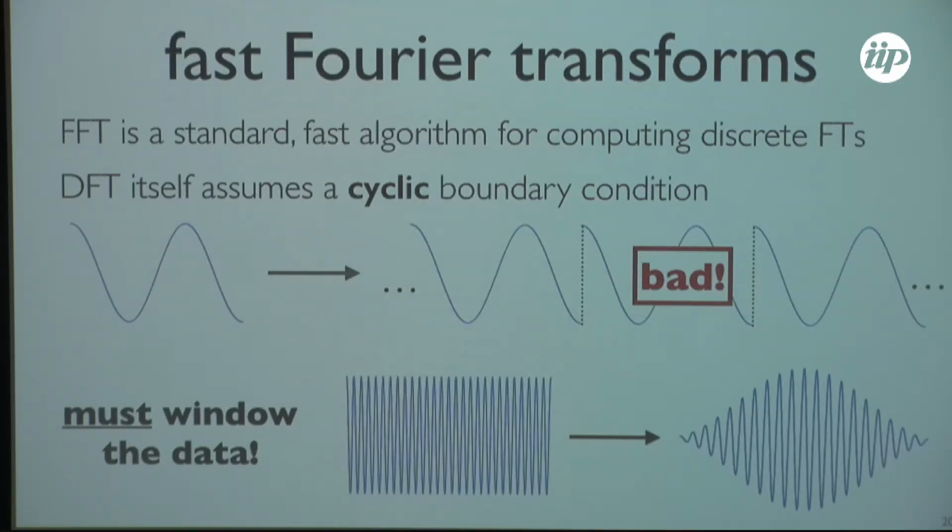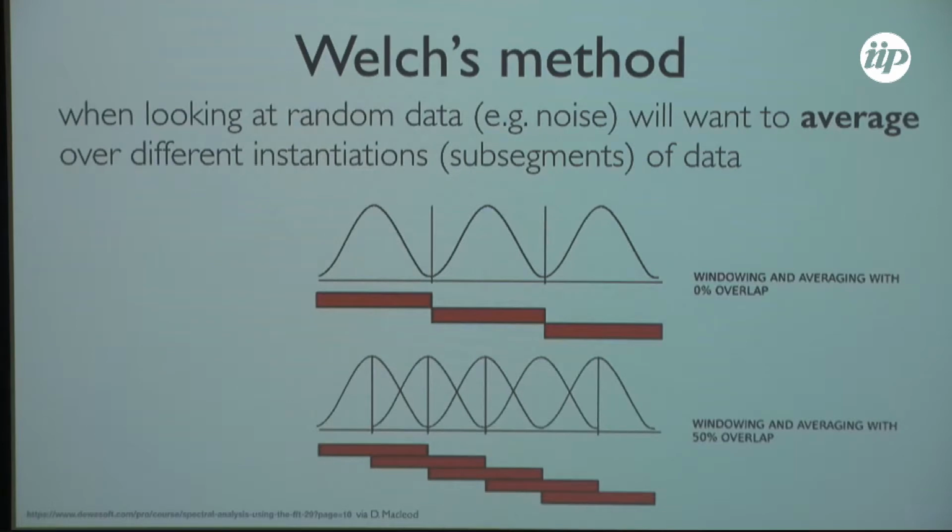Okay, so many times we're interested in not just taking the Fourier transform, but actually, if you're working with data that's random in nature, because it's noise, let's say, you want to estimate what the average Fourier transform is over some long period of time.